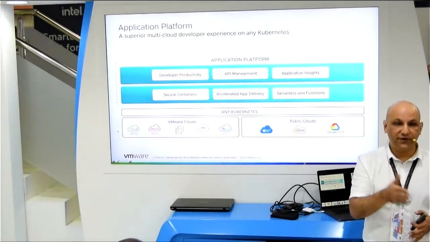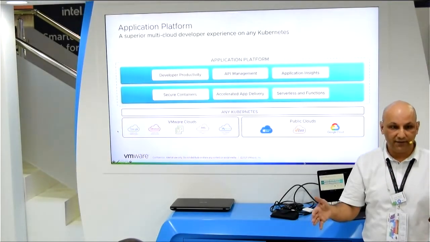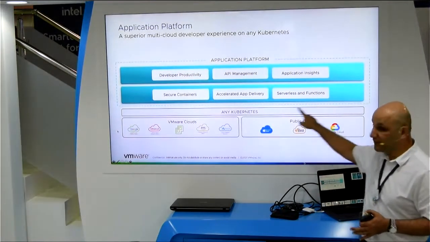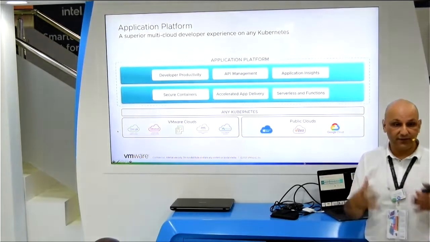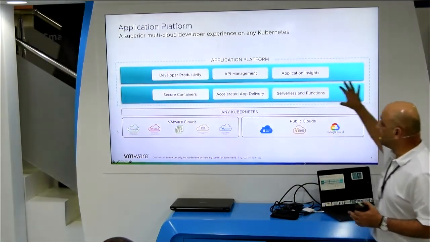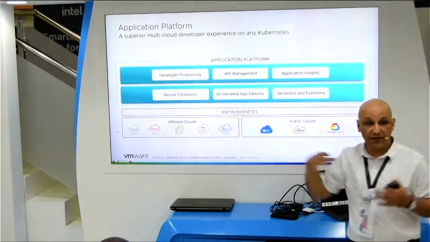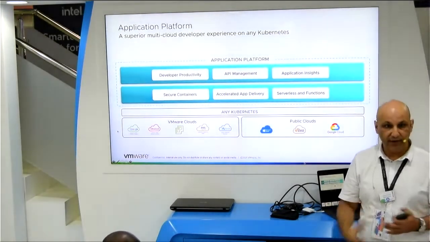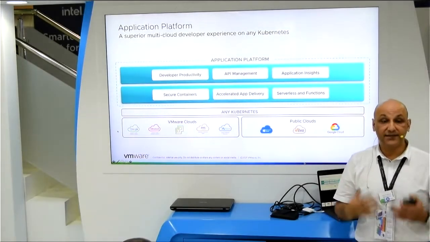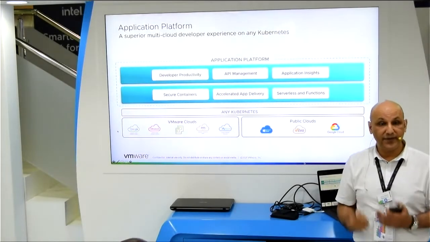So we are going from 0 to 100. Instead of 6 months, we might be doing it in a few minutes now. And this is what this application platform is doing for you. So it's very consistent. It's very abstracted from the underlying infrastructure. And this is where the value is for you. As a customer, if you're building software, this is where the value is for you. So, the developer productivity, the developer experience on this Kubernetes platform.